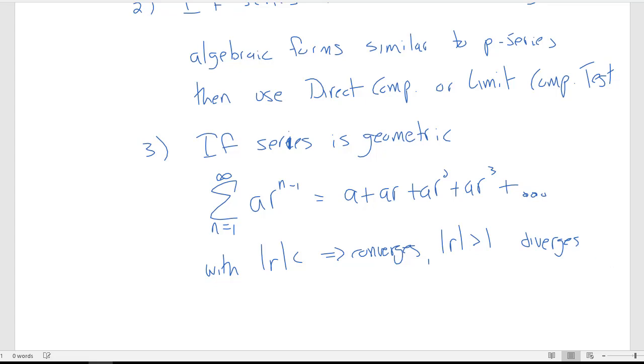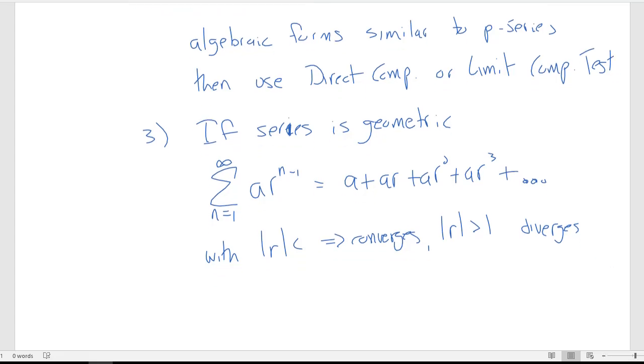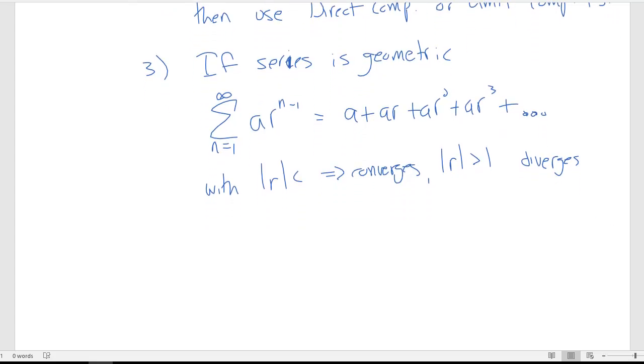And again, it's rare that we see that exact form.